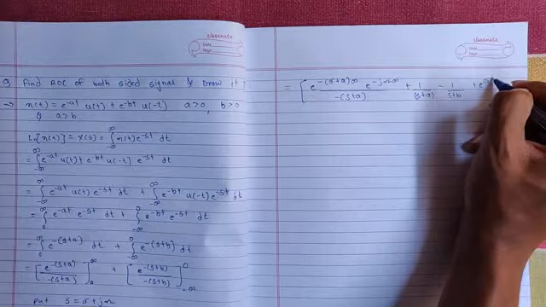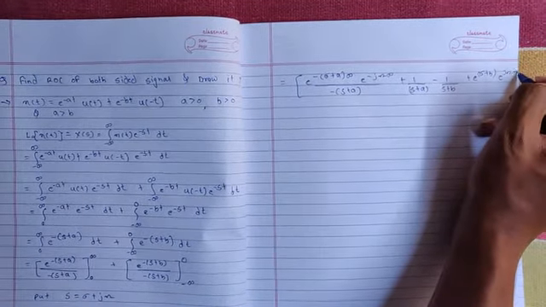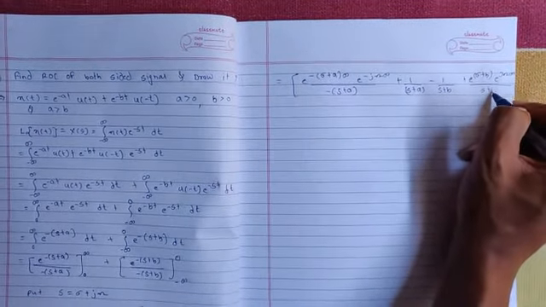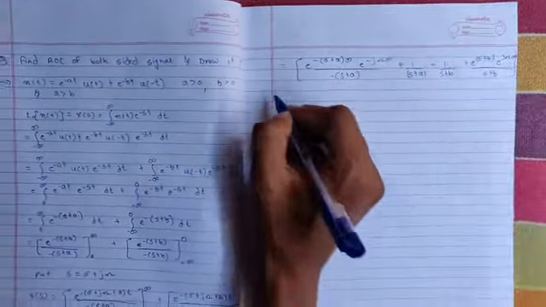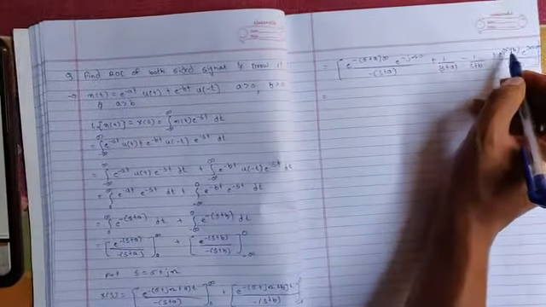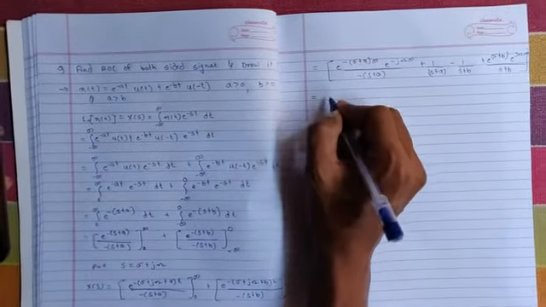Therefore, (σ+b) and e^(jω∞) divided by (s+b) is equal to... now where we have σ+a and σ+b, instead of σ+a we will put p, and instead of σ+b we will put q.